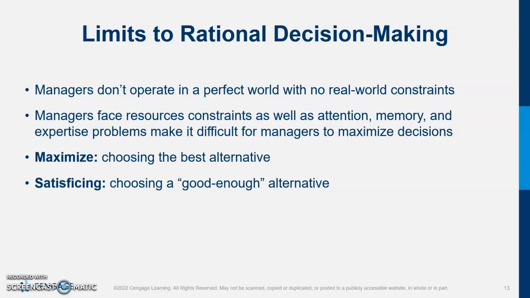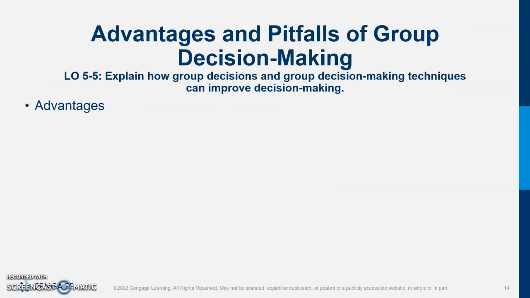So, for example, if I'm evaluating how to increase my profits, I'm probably going to use rational decision making and really evaluate all possible alternatives. However, if I'm just deciding what the best pen to buy for the office is, I'm probably just going to buy the office supply that is good enough. That's not something where you really need to use rational decision making.